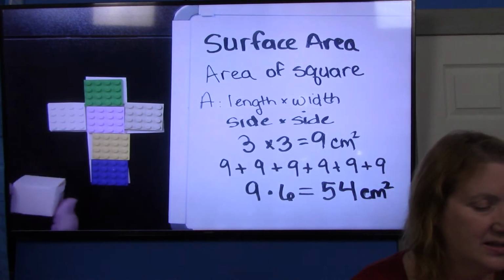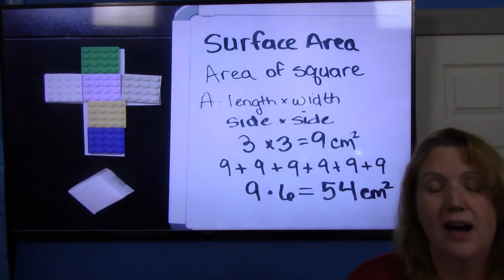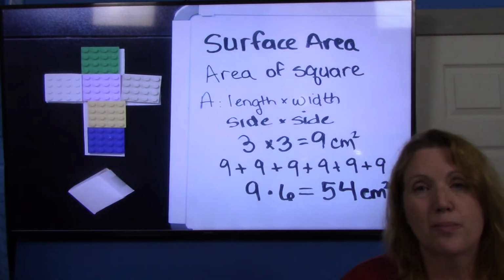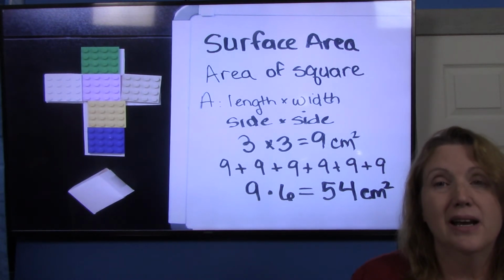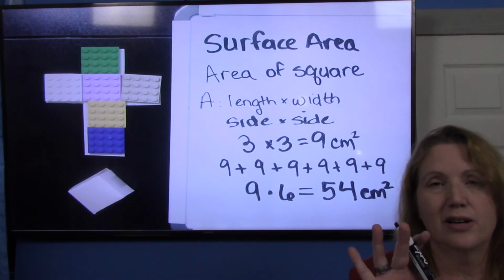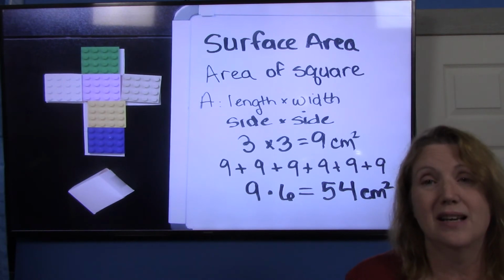Now, you might say, well, how do I know that? Here is the square put together again. When you go to purchase items, if you're buying paint or material, you can buy it as square units. This way we're using centimeters.